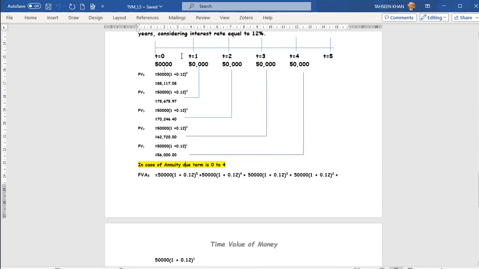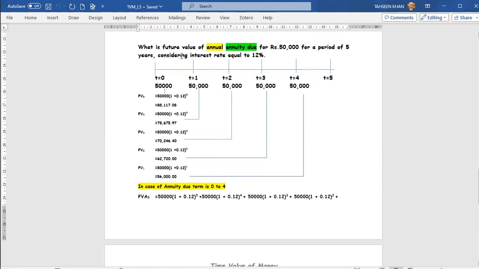Now it's the case of future value for annuity due. What's the difference? The first value comes as FV5, the second value comes as FV4, the third value comes as FV3, the fourth value comes as FV2, and the last value comes as FV1.